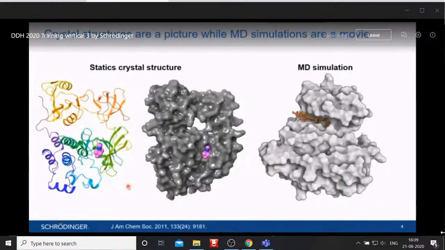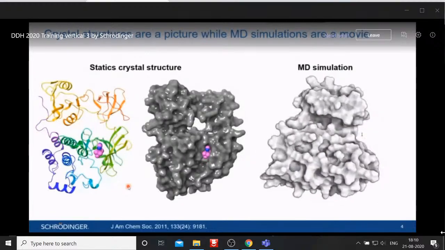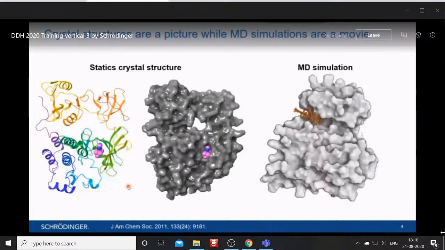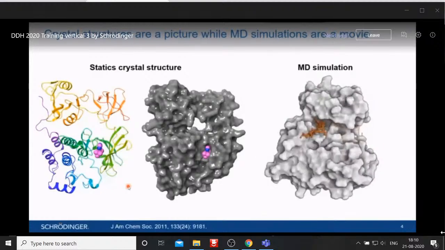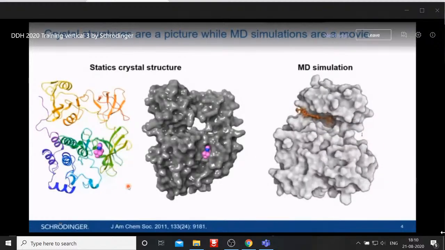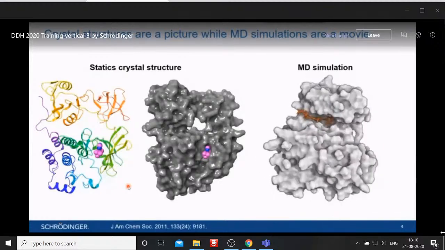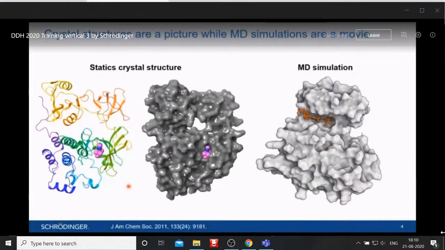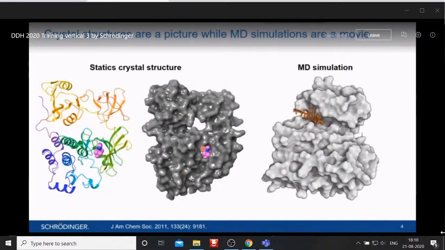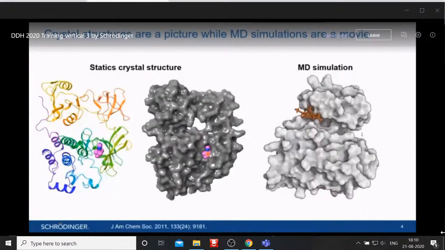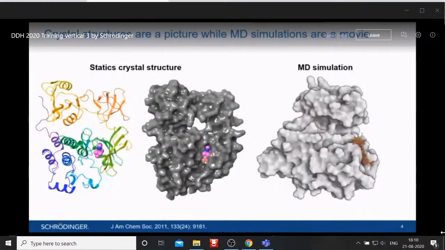It can give you an initial idea of how the protein structure looks and the conformations of the amino acid residues, but a lot of information is still missing, and that information is the flexibility.